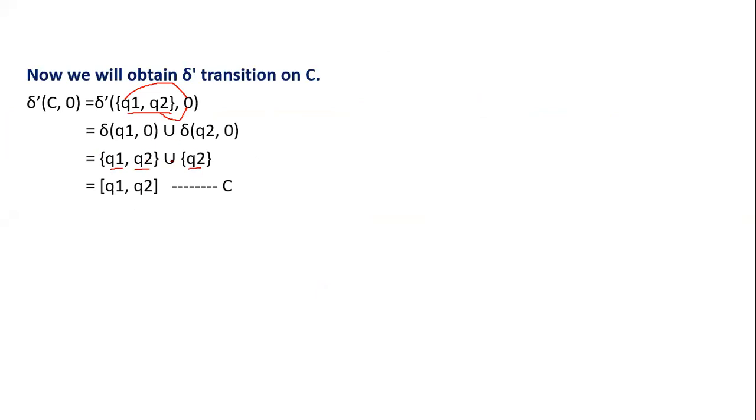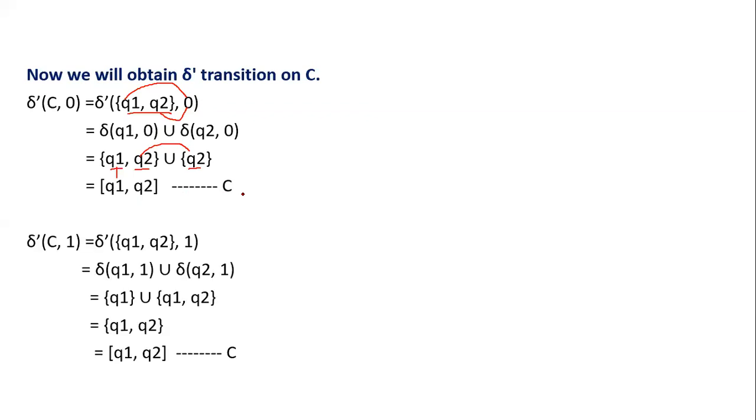No need to repeat, we mention it only one time. So we get Q1 and Q2, which is nothing but the state C. Already we have it, there is no new state.